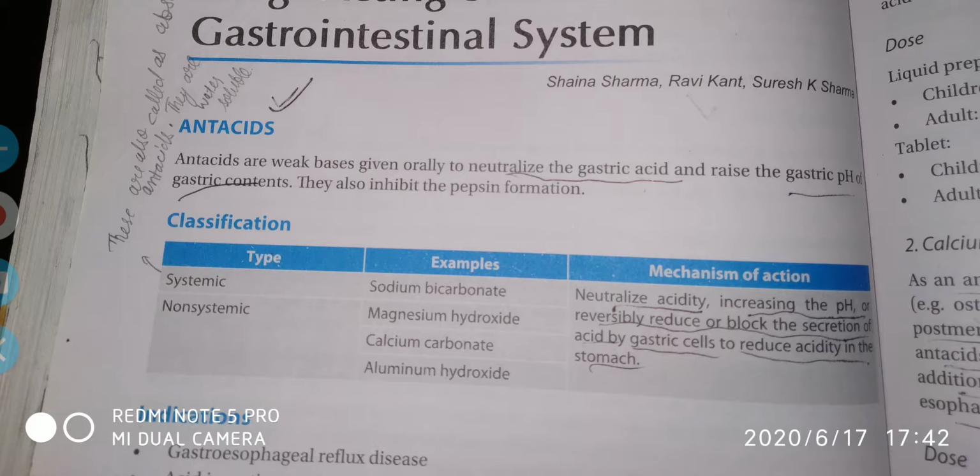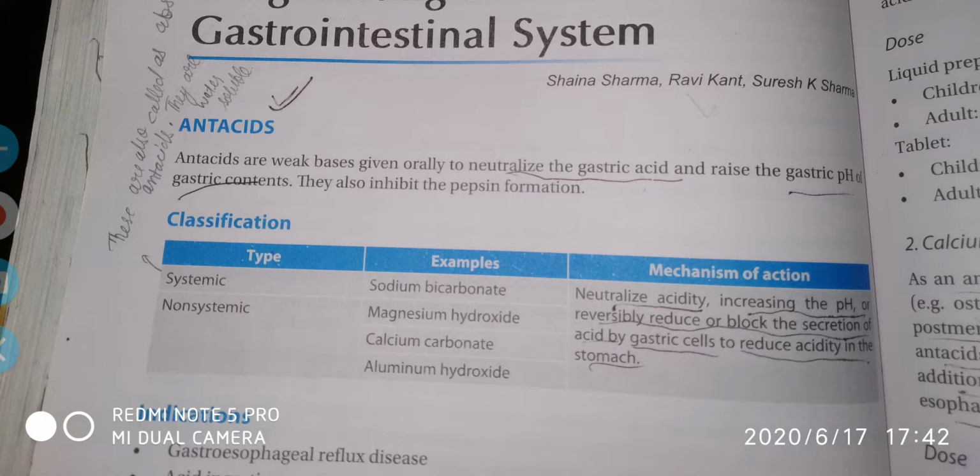The mechanism of action for both is the same, that is, they neutralize the acidity, increase the gastric pH, and reversibly reduce or block the secretion of acid by gastric cells to reduce acidity in the stomach. Means acidity will be neutralized by increasing the pH of the gastric content.